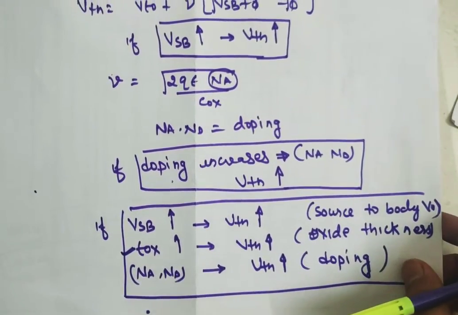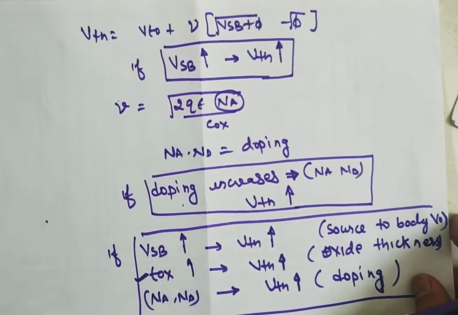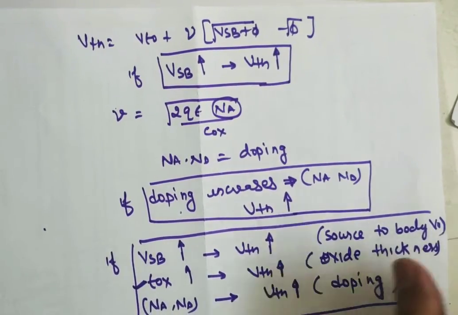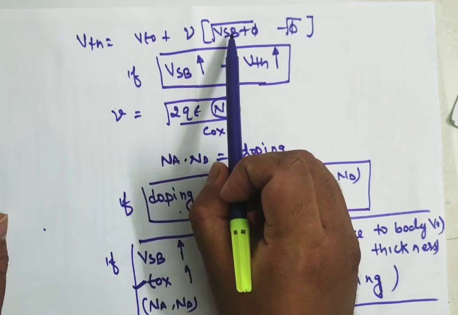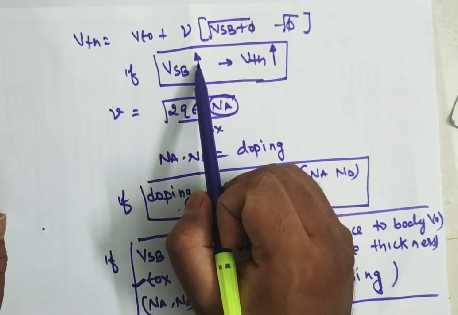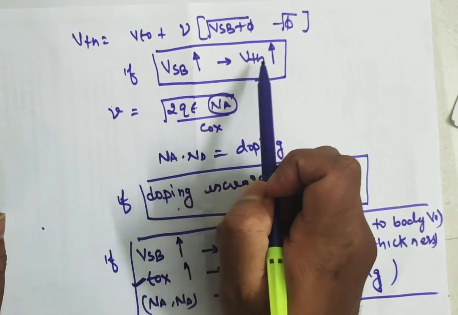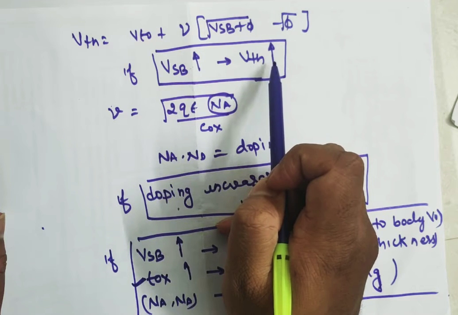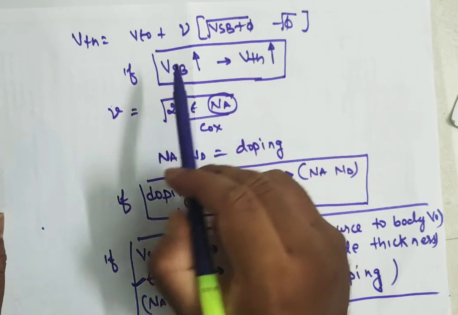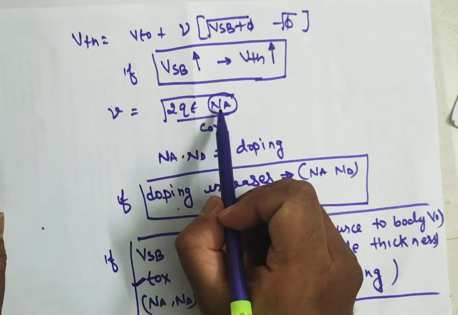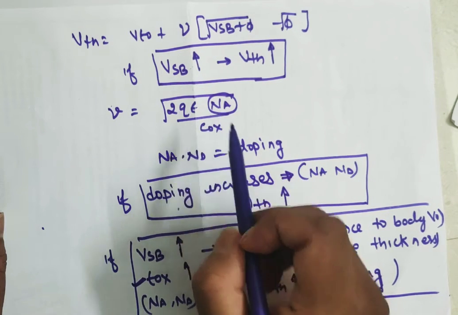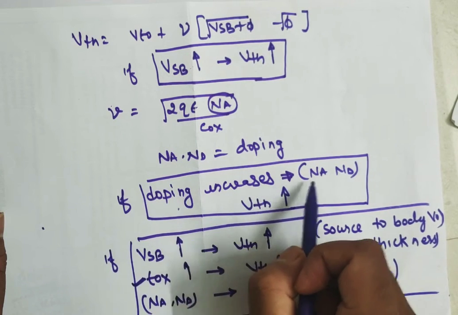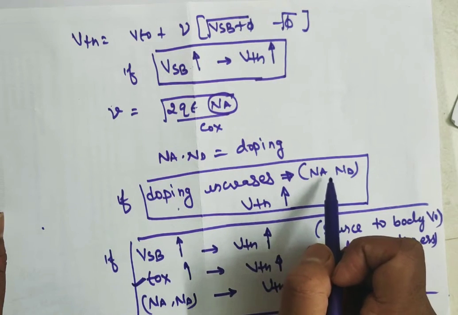Again we'll see this formula. Vth is equal to Vt0 plus gamma times the square root terms. So we can see the direct relation between VSB and Vth. If source to body voltage is increasing, your Vth will increase, correct? What is the other thing? If we see gamma, in this gamma we have this term Na. Na is the doping. So if your doping is increasing, Vth is also increasing, correct?